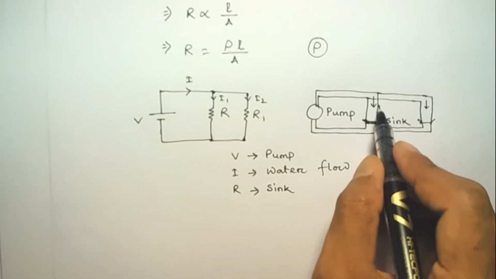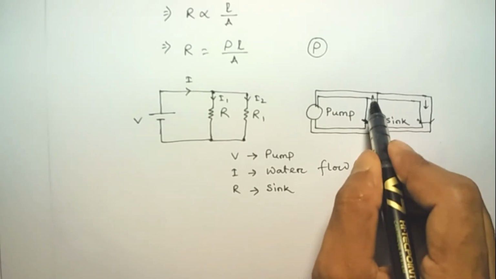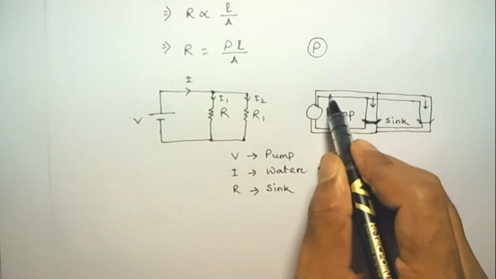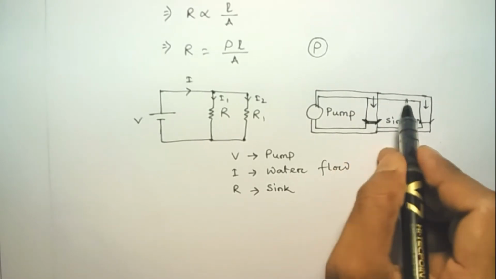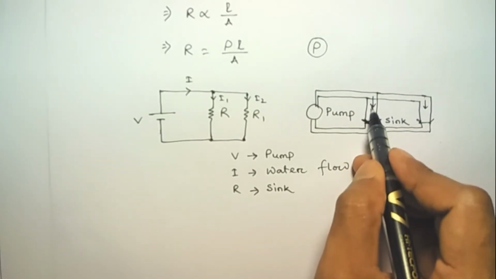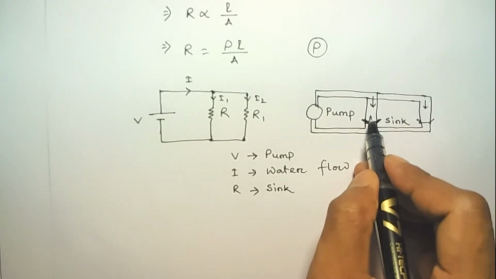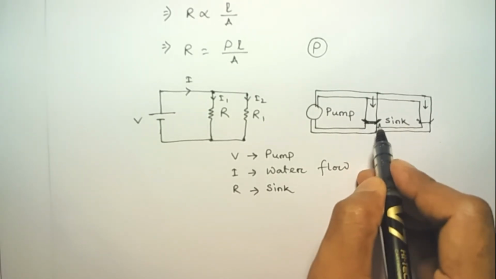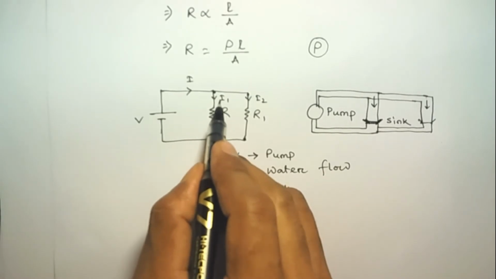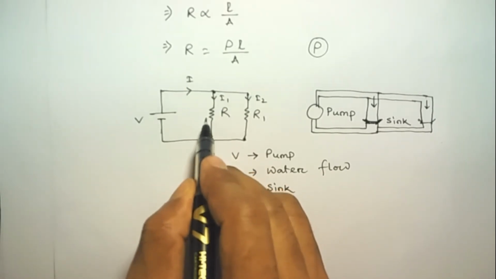Here also the pressure in this area is fixed. So the water flow depends on the pressure and the pressure is the same. So this water flow will depend on the sink. That means here the current depends on the resistance of the path.